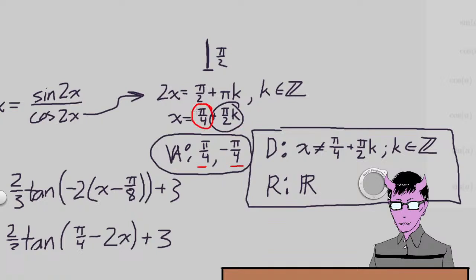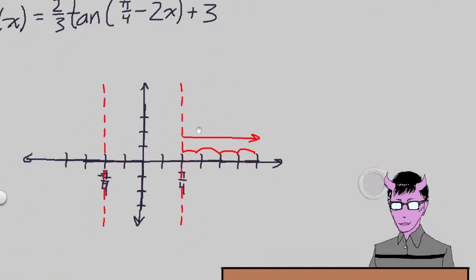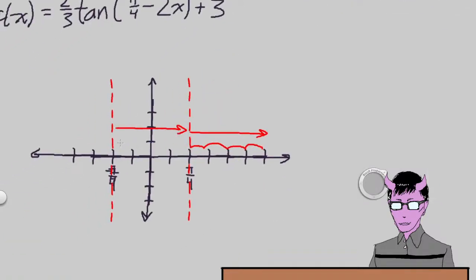This is one of the starting vertical asymptotes, and this is how we travel to subsequent vertical asymptotes. So the length here, traveling from one vertical asymptote to another, is going to be pi over 2 spaces. So therefore, this one is going to be pi over 2 spaces as well.